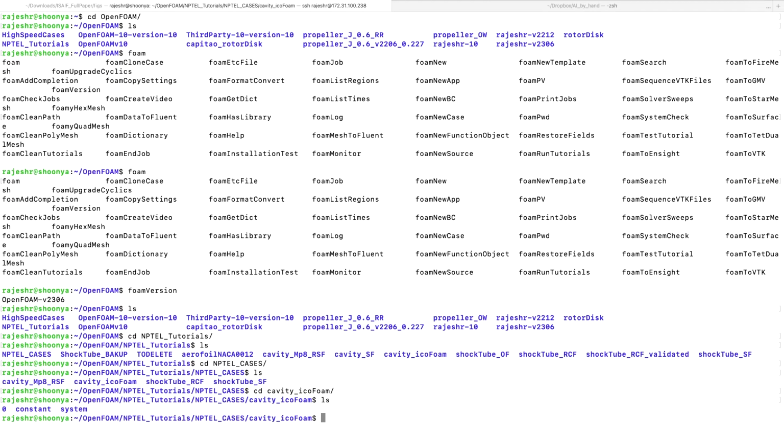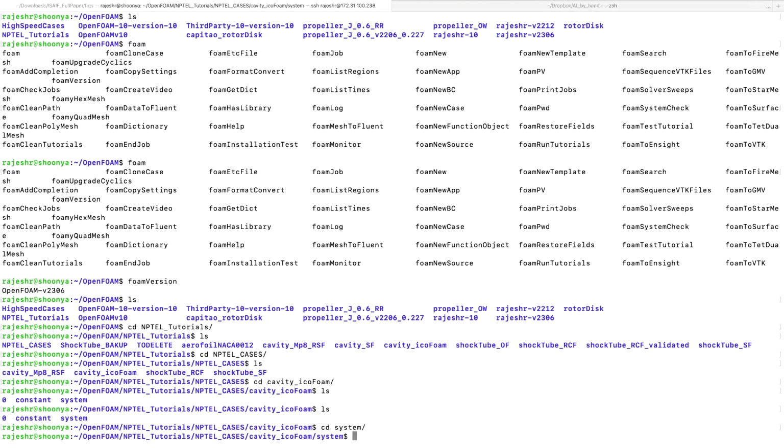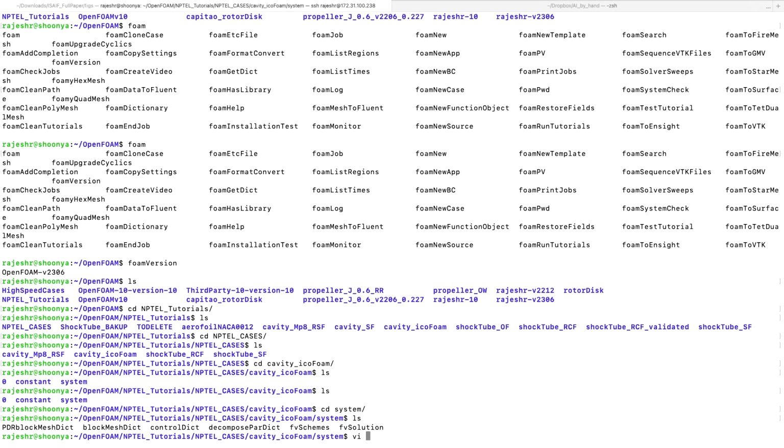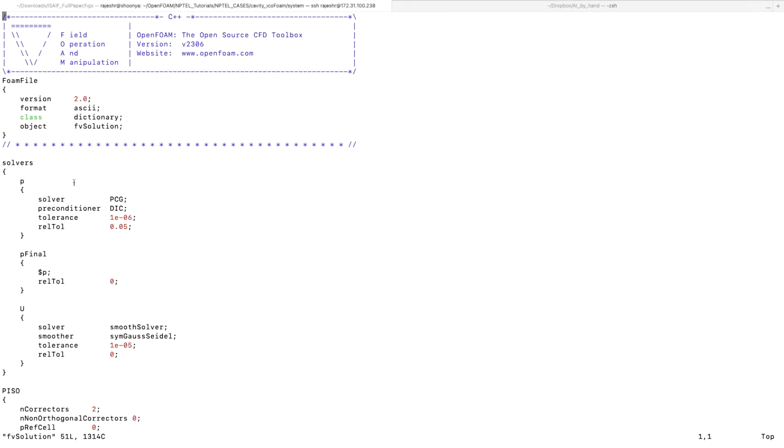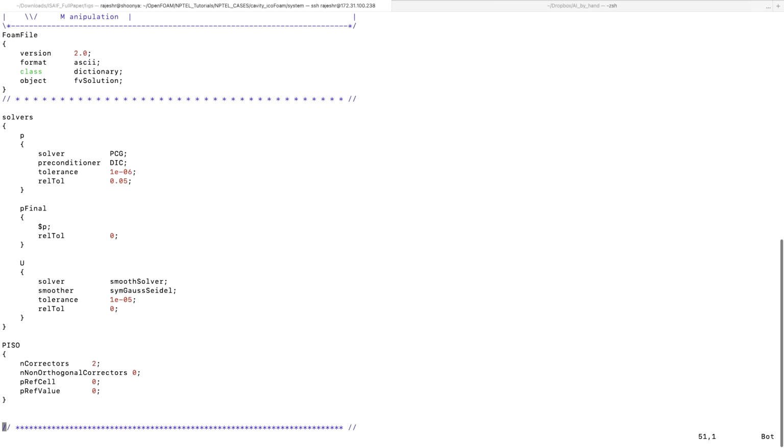icoFoam is a very simple solver, I think the most basic solver. If you want to know what kind of scheme it is using, you can go to system and fvSolution. It uses a scheme called PISO. This is an algorithm in incompressible flow.